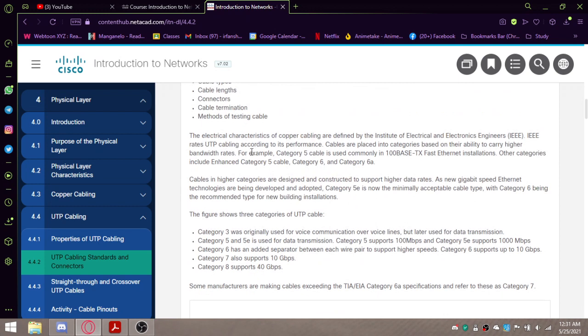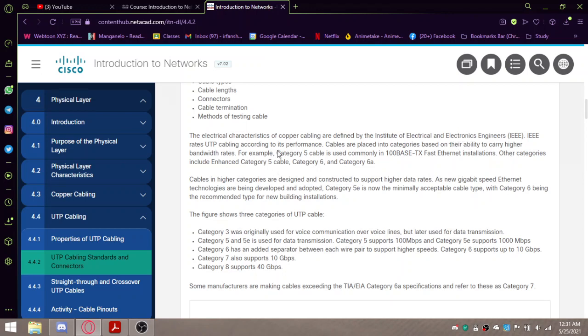Okay, electrical characteristics of copper cabling are defined by the Institute of Electrical and Electronics Engineers (IEEE). IEEE rates UTP cabling according to its performance. Cables are placed into categories based on their ability to carry higher bandwidth rates.